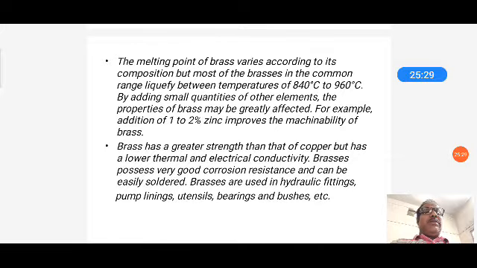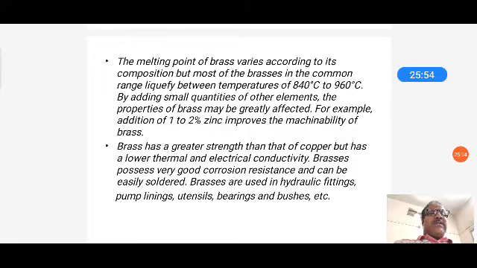For example, the addition of 1 to 2% of lead improves the machinability of brass. And also, brass has a greater strength than that of copper, but has a lower thermal and electrical conductivity.